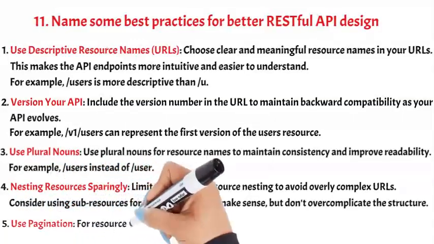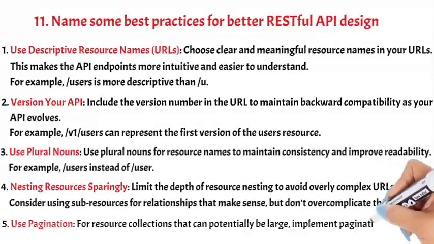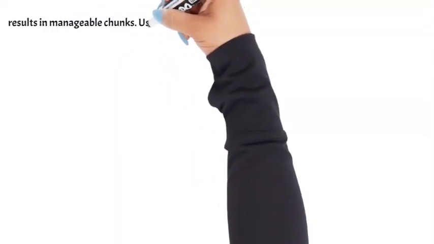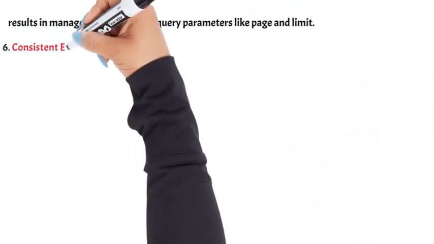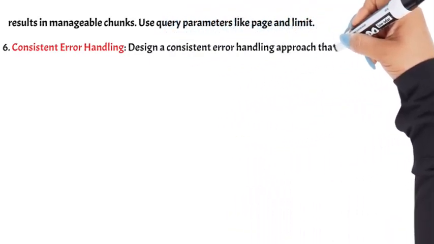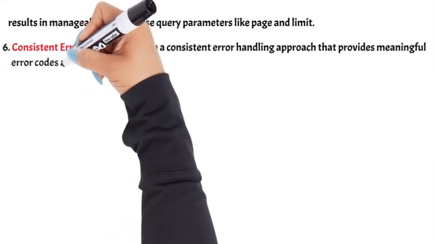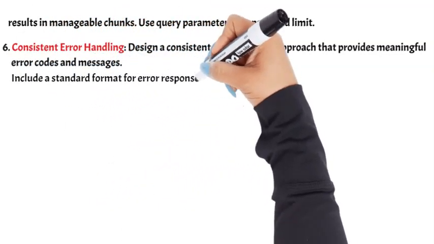Use pagination. For resource collections that can potentially be large, implement pagination to retrieve results in manageable chunks. Use query parameters like page and limit. 6. Consistent error handling. Design a consistent error handling approach that provides meaningful error codes and messages. Include a standard format for error responses.